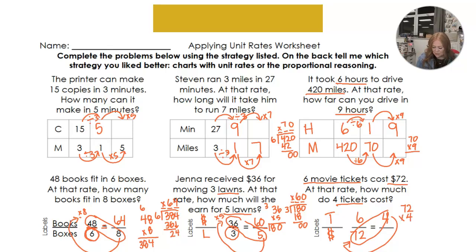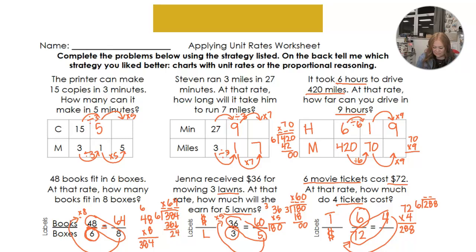So 72 times 4. So that's just the ones that are diagonal. Those are the ones we're multiplying. So 4 times 2 is 8, and 4 times 7 is 28. So we have 288. But now we're taking this one that's all alone and we're dividing it by 6.